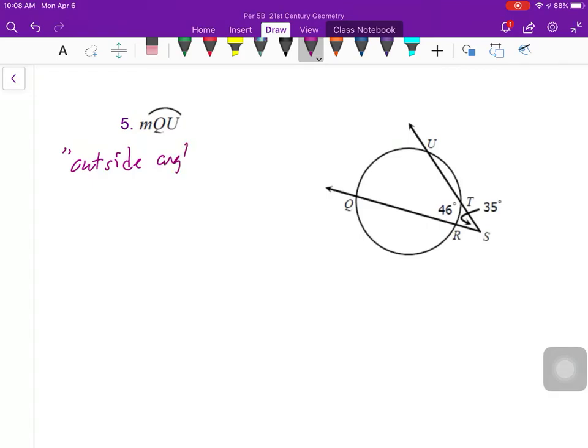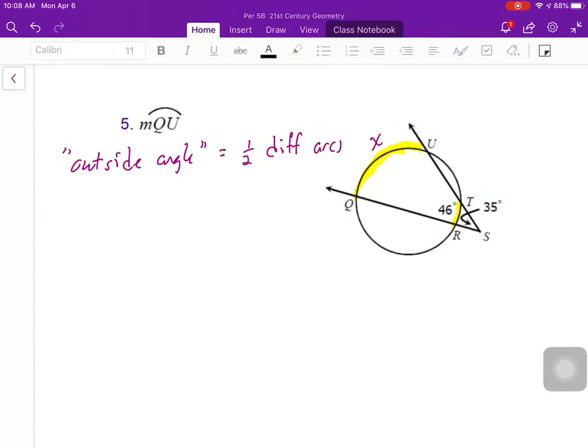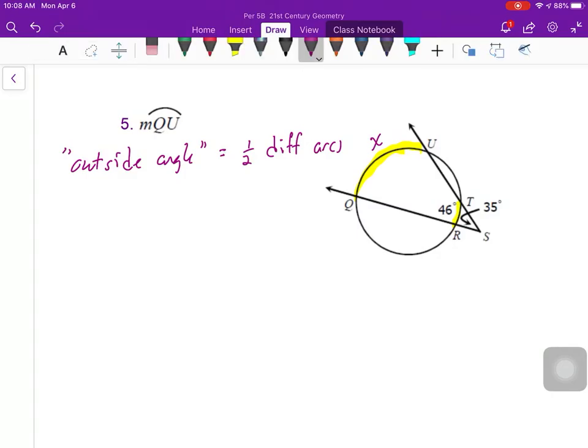Number 5. Now, number 5 is an outside angle. This was the last one we studied. They're equal to half the difference of the arcs. Now, the two arcs would be this arc right here and this arc out here. And you know what? That arc is what we're looking for.